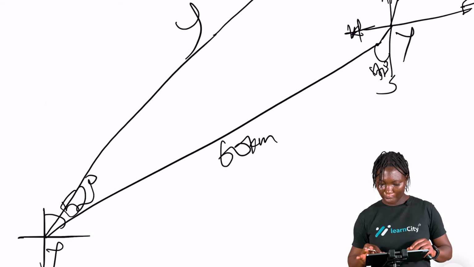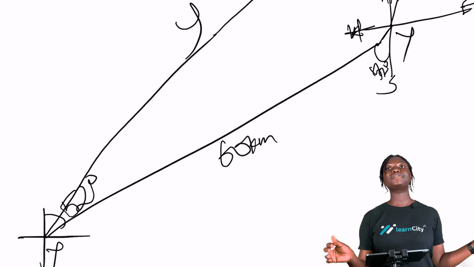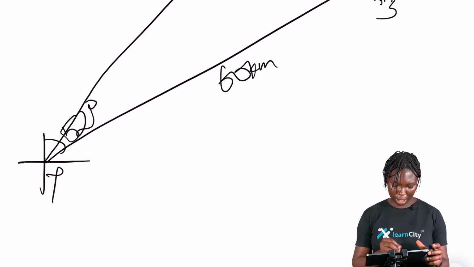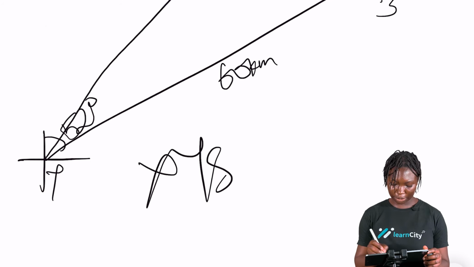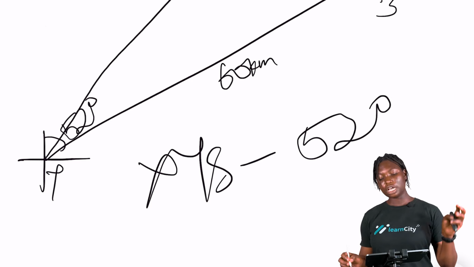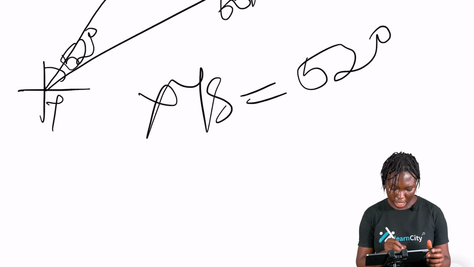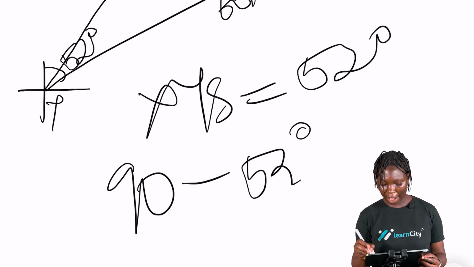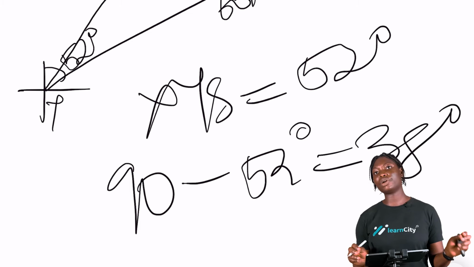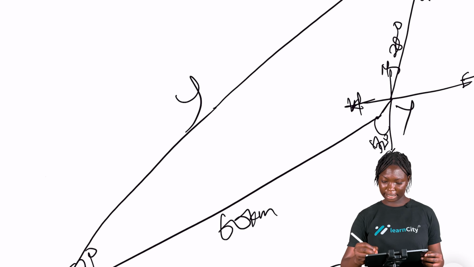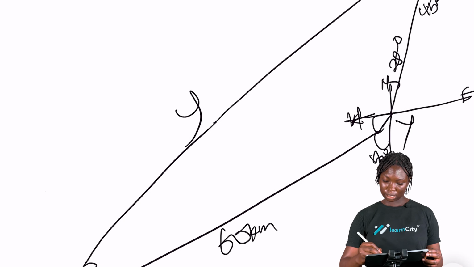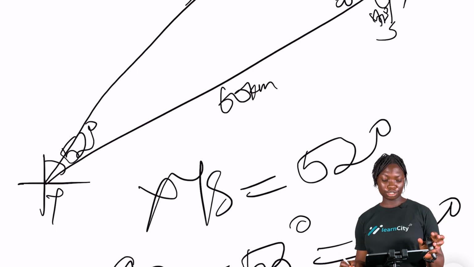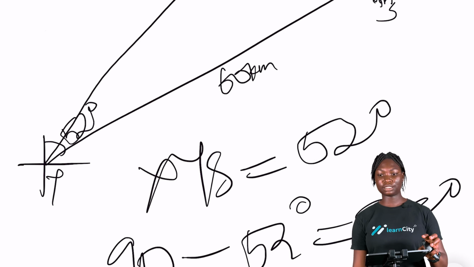Now our angle x, y, s here is 52 degrees. The other part will be 90 minus 52 degrees, which is 38 degrees.